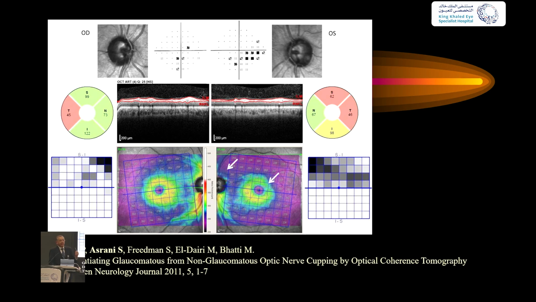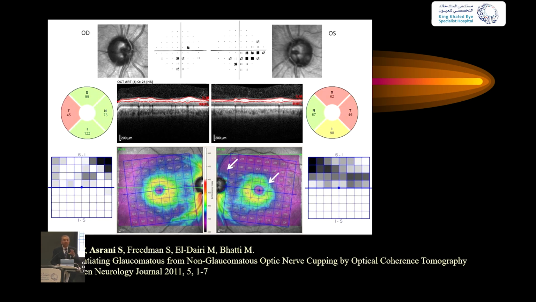This case highlights another rule for glaucoma. This looks like glaucoma, right? There is a field defect, there is a loss of nerve fiber layer, there's a loss of macular thickness, but it's not, because you see the temporal losses.